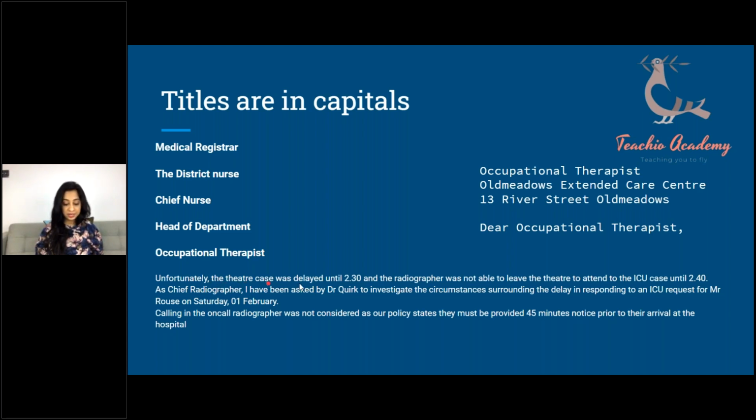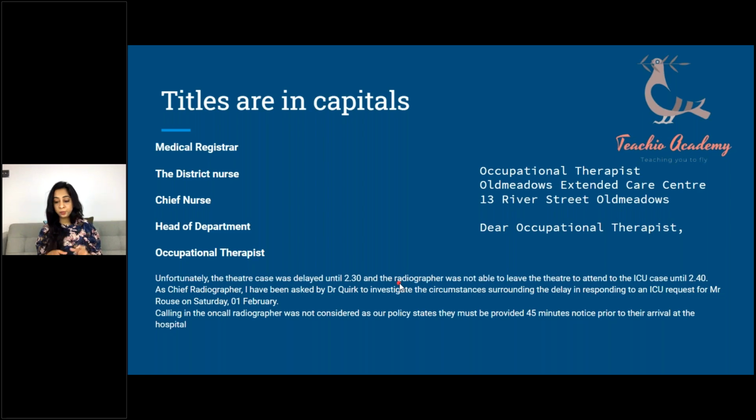"The theater case was delayed until 2:30 and the radiographer," so this is a general term. This may or may not be a specific person, "and the radiographer was not able to leave the theater." So in this case, this is not a capital letter. This is talking about a general person, not a specific position. It's more an occupation, and that's why this is not going to be a capital letter.